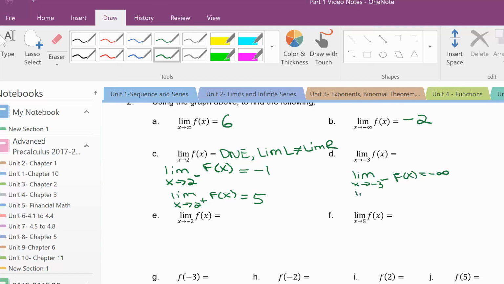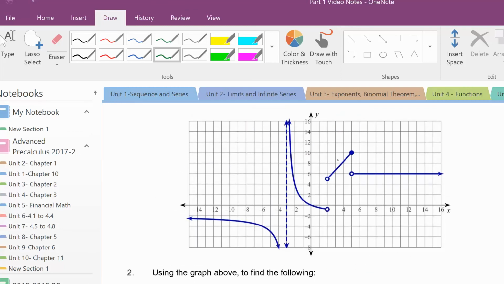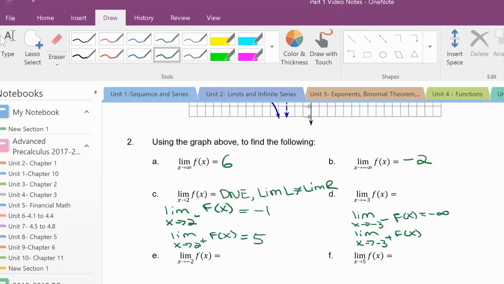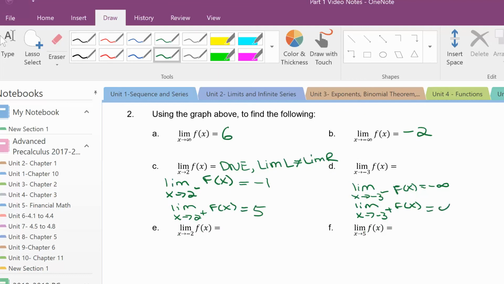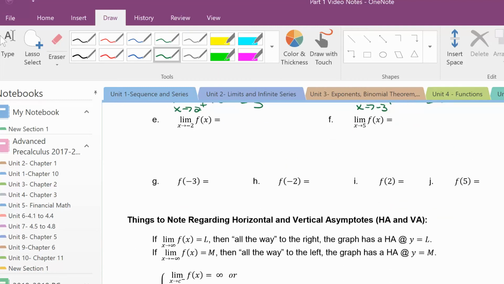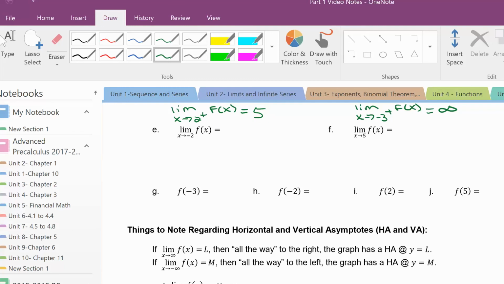And the limit as x approaches 3 from the right is going up towards positive infinity. So that means that the limit as x approaches 3 does not exist. And in this case, it's a vertical asymptote, so that means there's unbounded behavior, because regardless if they're both infinity or not, it's never going to approach that number.